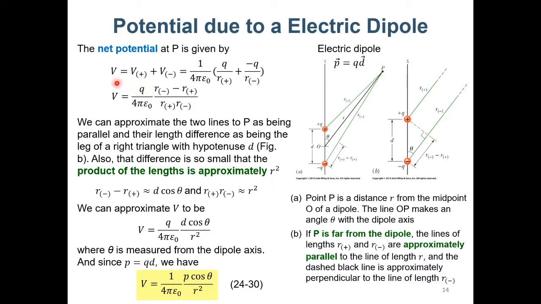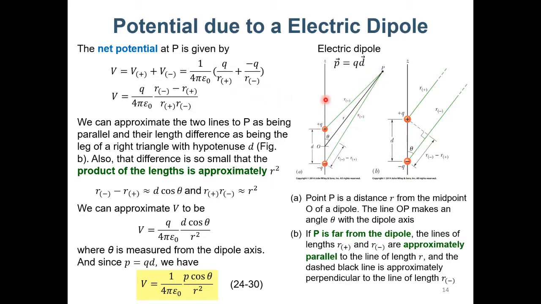Because there are two charges, the total net potential is V plus plus V minus. For the positive particle, it will be q over R plus, which is this distance. And another one will be minus q over R minus.